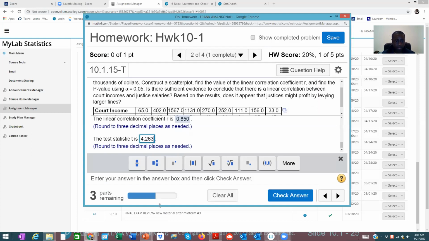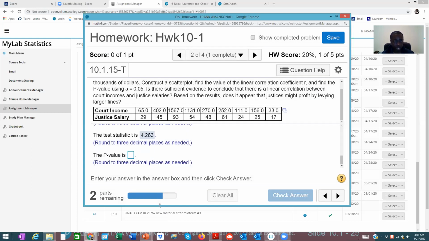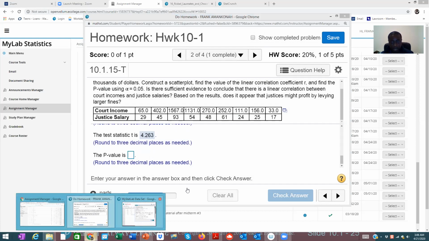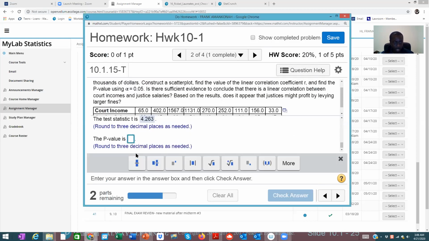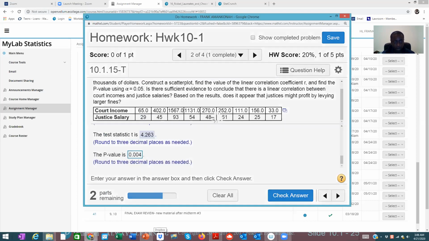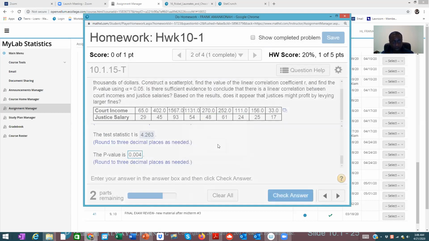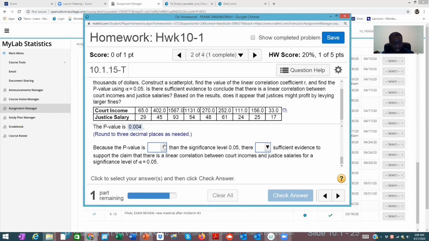Now, what is the p-value? From the same output, the p-value is 0.0014, to 3 decimal places.